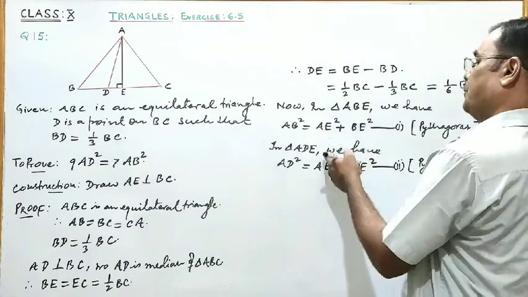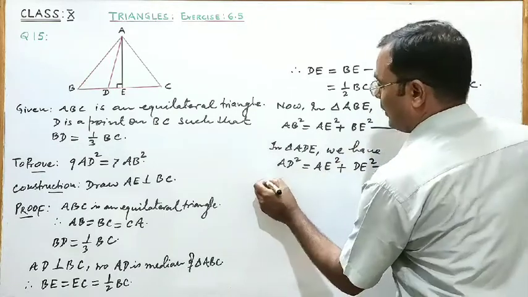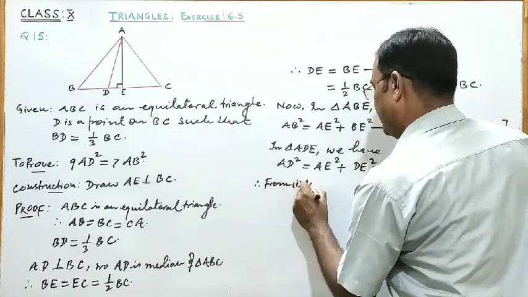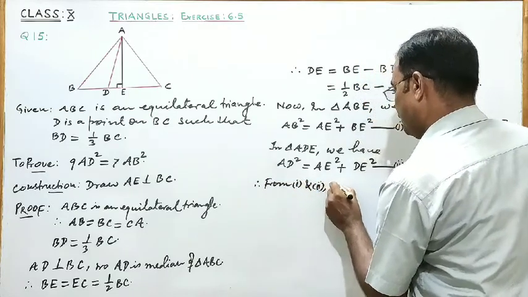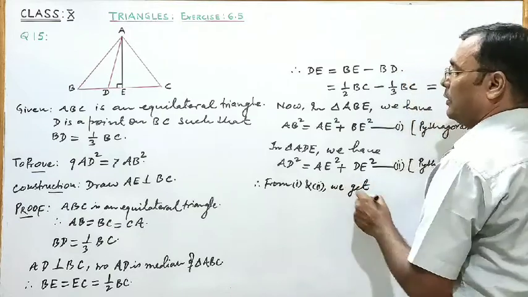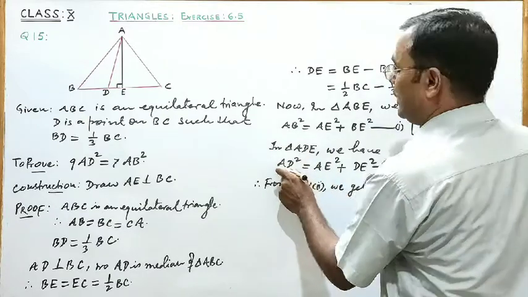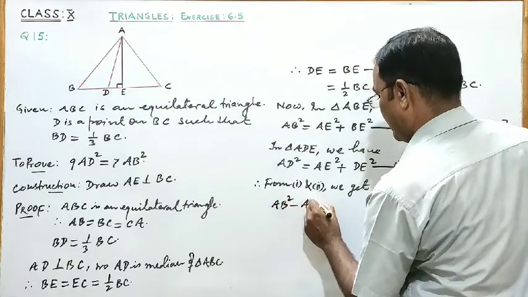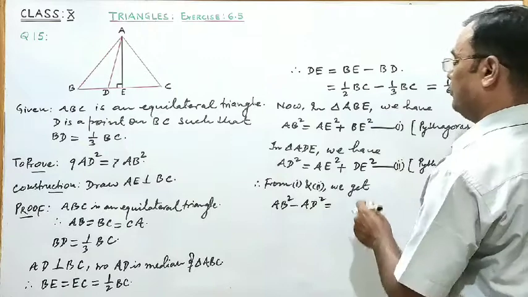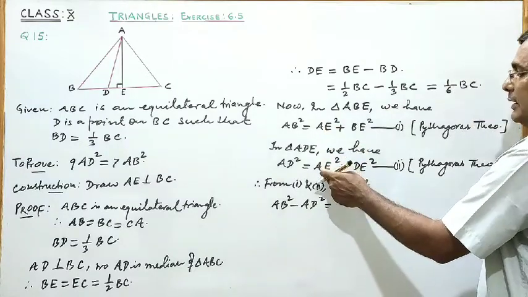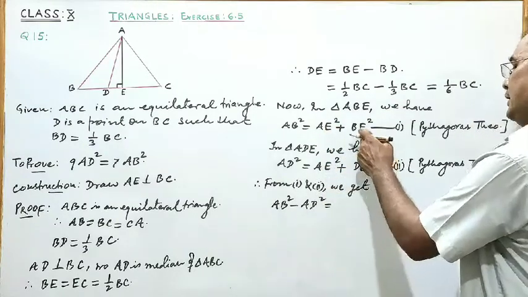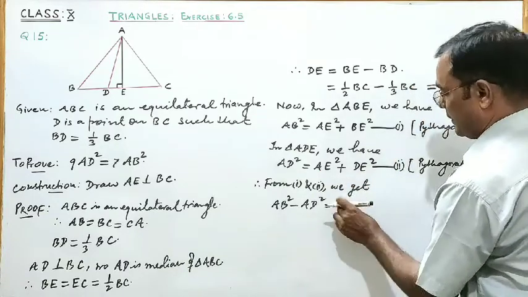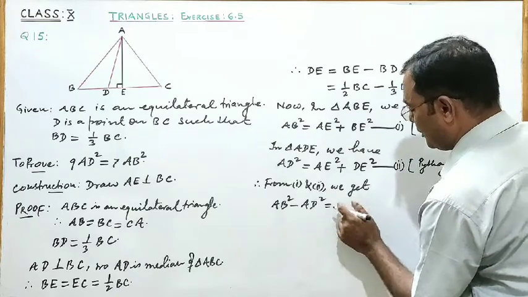Now subtracting 2 from 1, we get AB square minus AD square is equal to AE square minus AE square cancelled, BE square minus DE square.